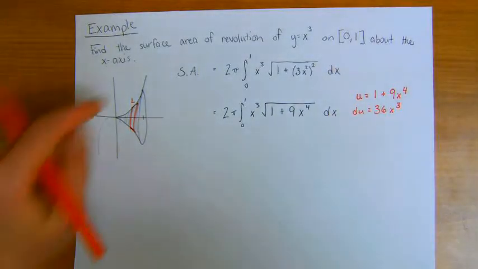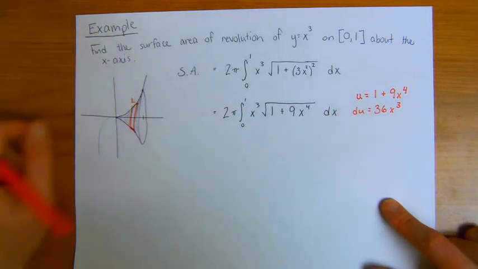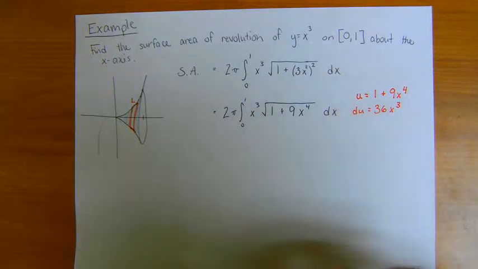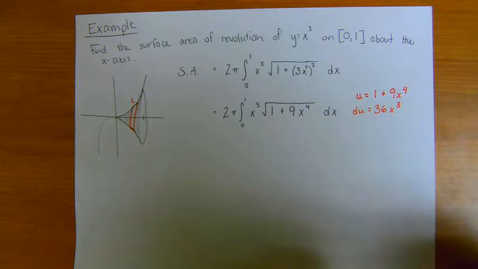Now we're lucky. Most of these surface area problems are going to be like the last problem that we saw, that we'll have to use numerical methods or we could plug into GeoGebra to be able to solve. This is one that we can solve by hand using a u substitution.